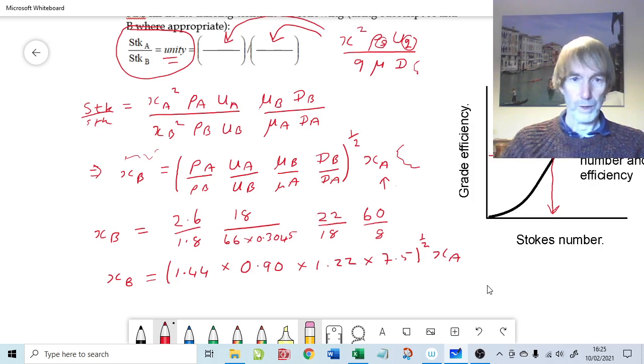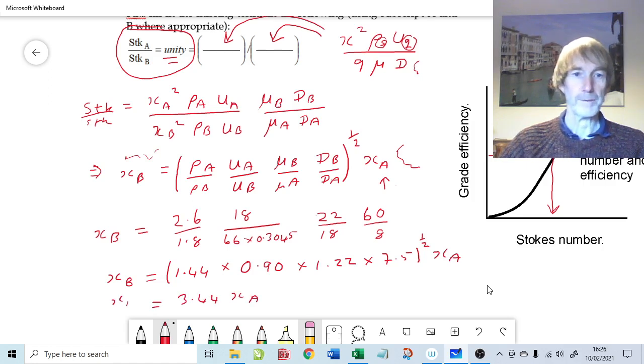So we have 1.44 times 0.9 times 1.22 times 7.5 equals 11.86, square root 3.44, slightly over 3.44, so 3.44 and a bit, times XA.